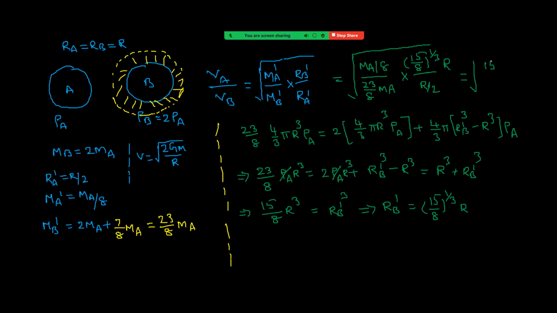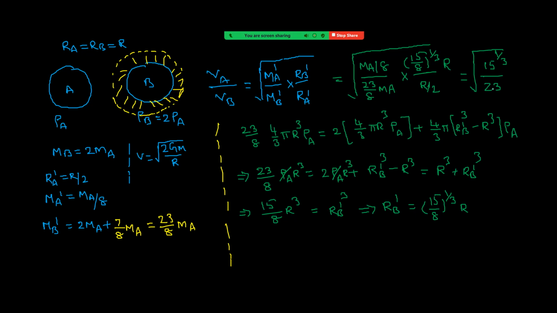Remaining is now 15 power 1 by 3 upon, wait, actually here what we have taken, MB dash, right? MA dash, right. So, okay. Now this is how much? By 23.